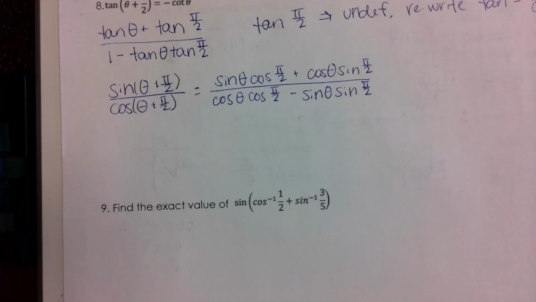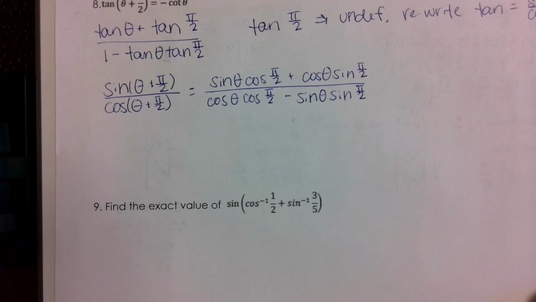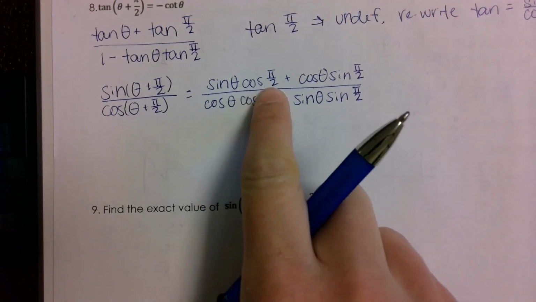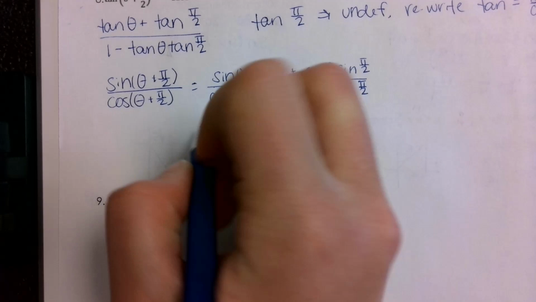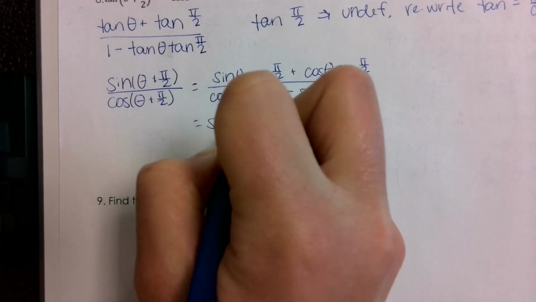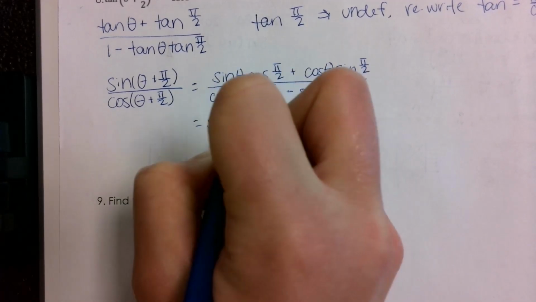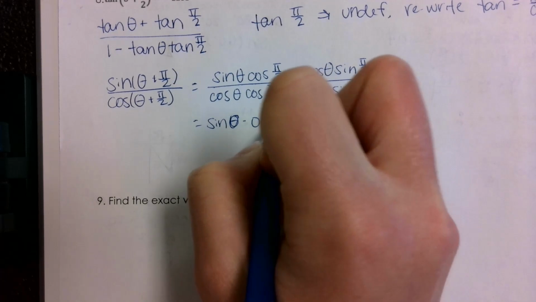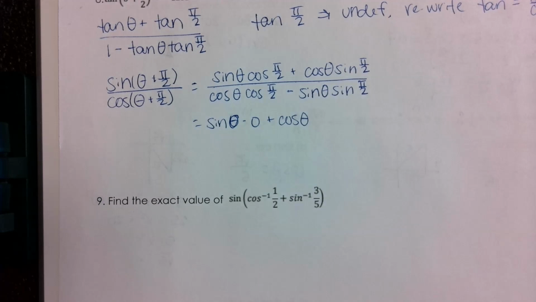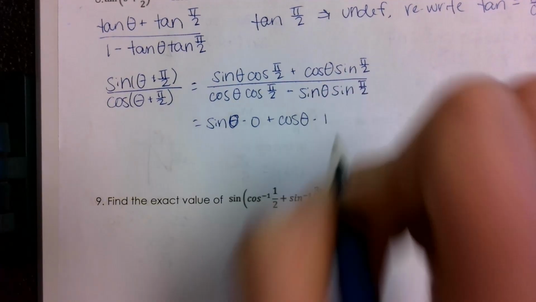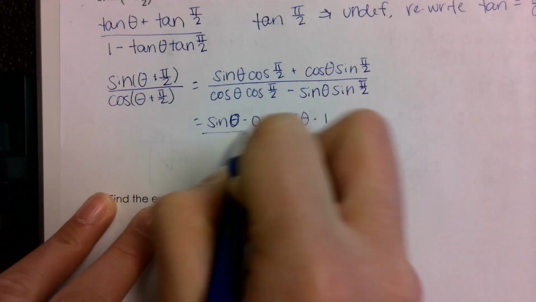So what is cosine of pi over 2? 0. So we know that that's going to be sine theta times 0. Plus, what is sine of pi over 2? 1. Times 1, so plus cosine times 1. And on the bottom, that cosine of pi over 2 is going to be 0 again.